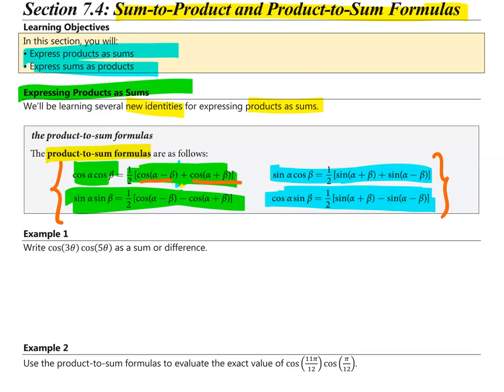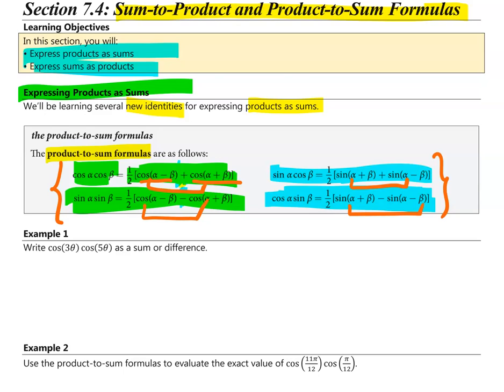And sine alpha times sine beta, it is subtraction here, and you will see cosine. And if they are alternate, sine cosine or cosine sine, then you have sine and sine. So that is how I memorize these product to sum formulas.